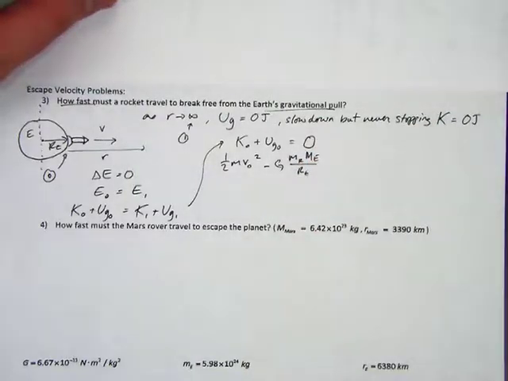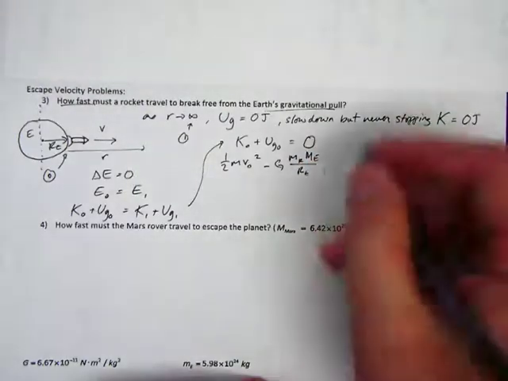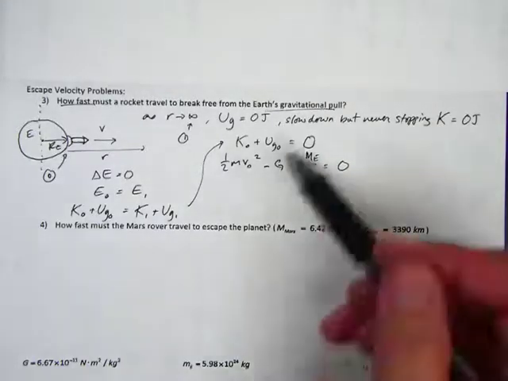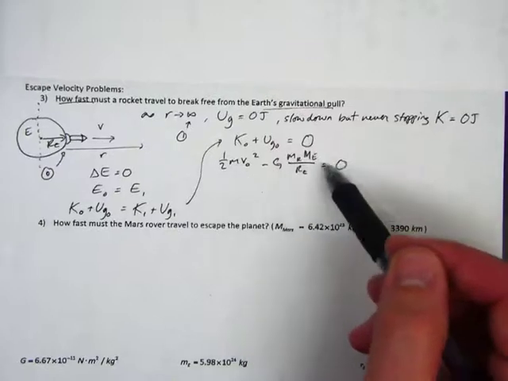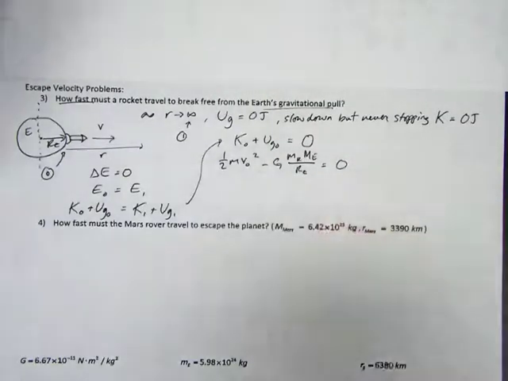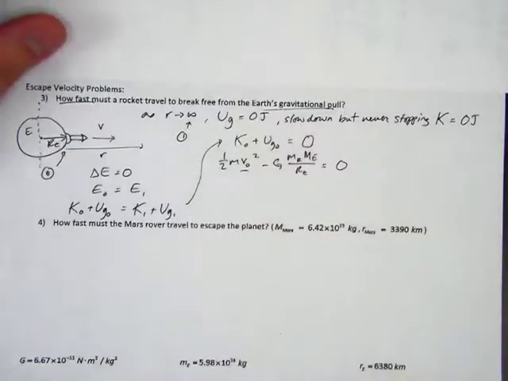So here we have an equation with kinetic plus potential equal to 0, which will be at infinity. And we can solve this now for the initial velocity.